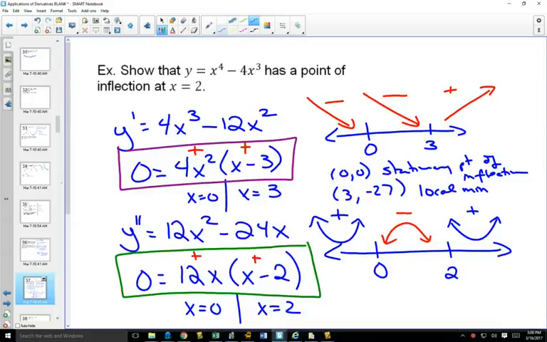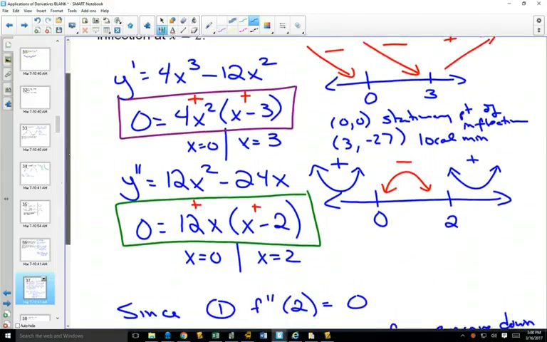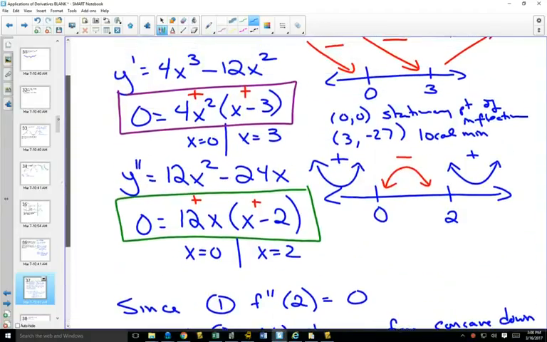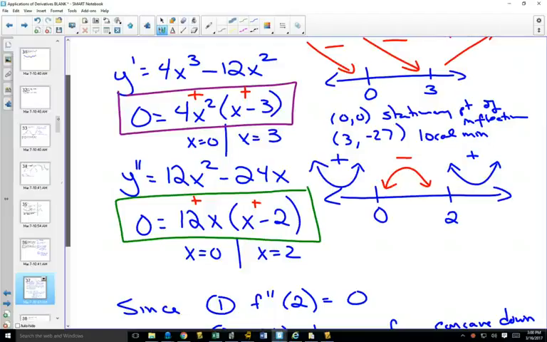So if you're wondering, how do all of these points help us graph? Well, with those two sign diagrams with inflection points, and here, I'm going to just draw my graph in this space right here. Okay, I'm going to need to label 3, negative 27, 2, negative 16, and 0, 0.